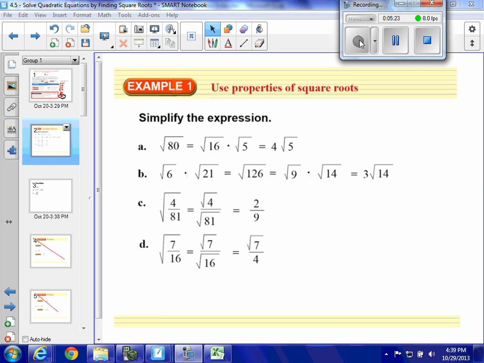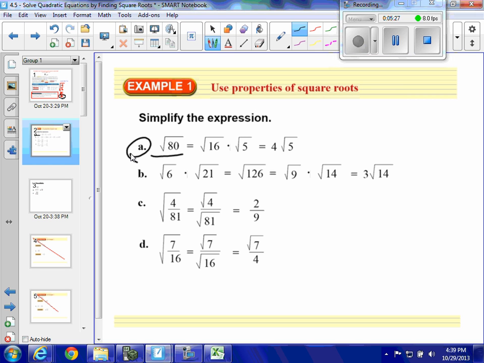So here are some examples. These are right from the book. Let's take a look at A. Radical 80. Well, I can turn radical 80 into radical 16 times 5, which is equal to radical 16 times radical 5.